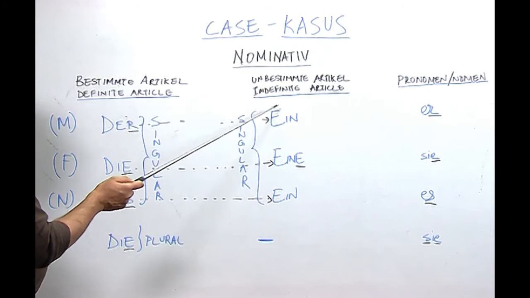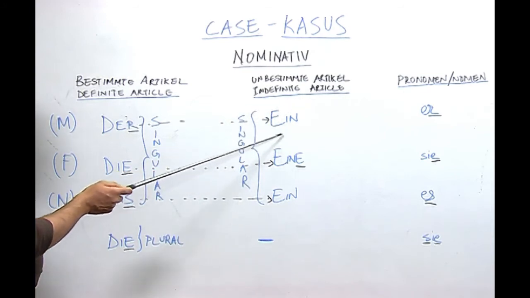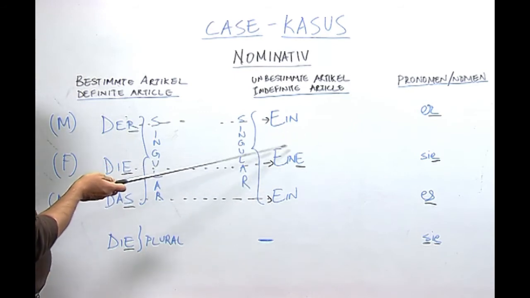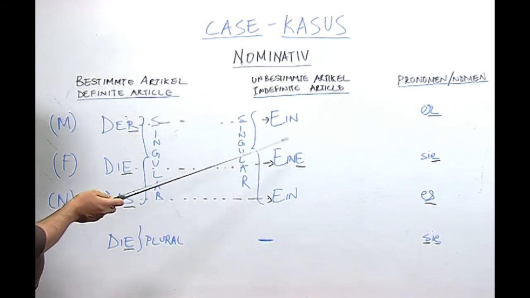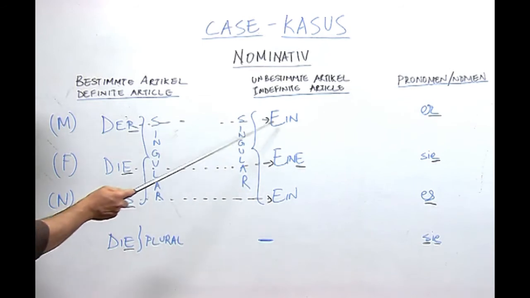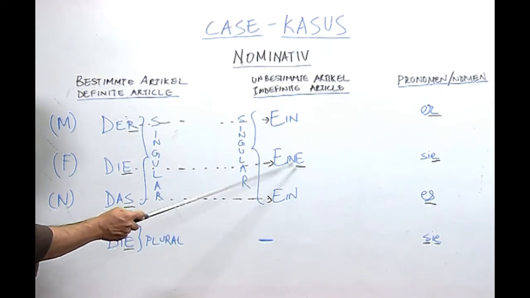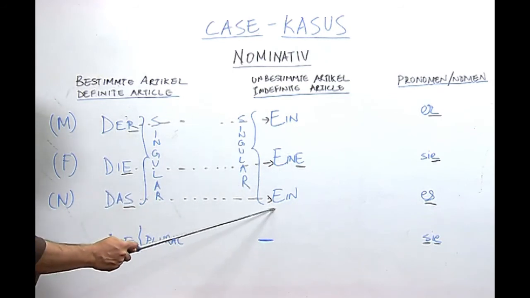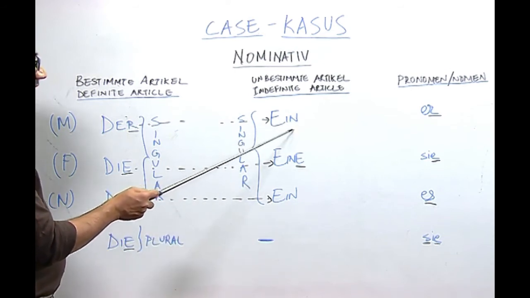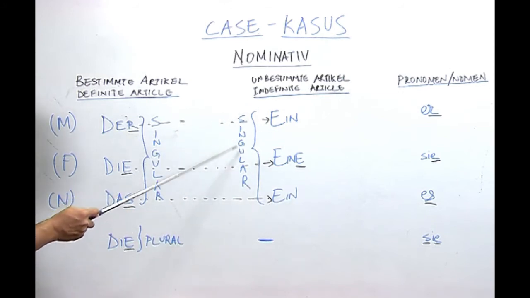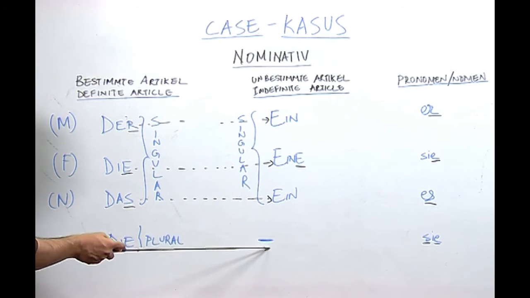And in the unbestimmte article or the indefinite article category, again we have three articles. They are ein, eine and ein. As told earlier, ein in masculine corresponds to der, eine corresponds to die, and ein corresponds to das. As I told you, ein, eine and ein are always singular, and they never appear in plural form.